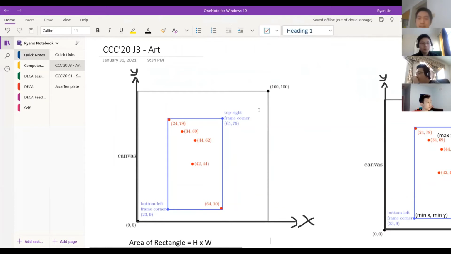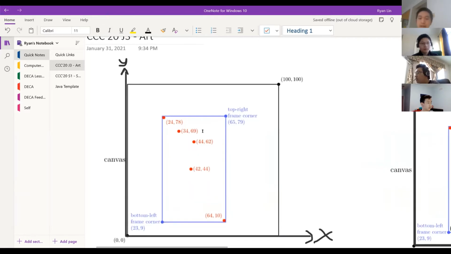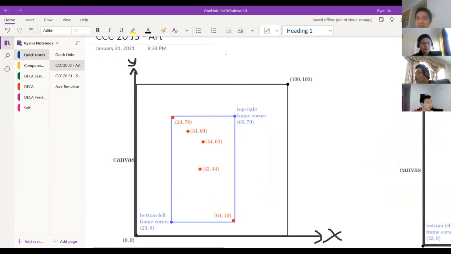So if it's asking you to minimize the rectangle, you're thinking about minimizing the area of the rectangle, right? And does anyone remember the formula for the area of a rectangle? Just put it in the chat so I know that you guys are listening. Length times width. Yeah, length times width. Awesome. So we've got, I'll just call it height and width because it's easier on an XY plane.